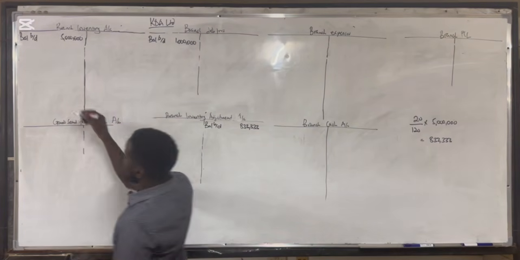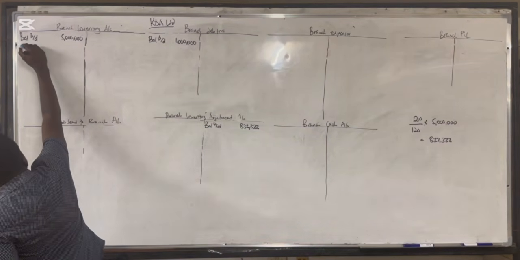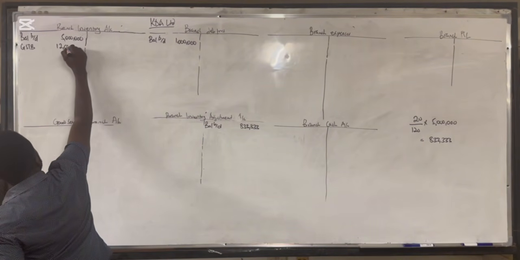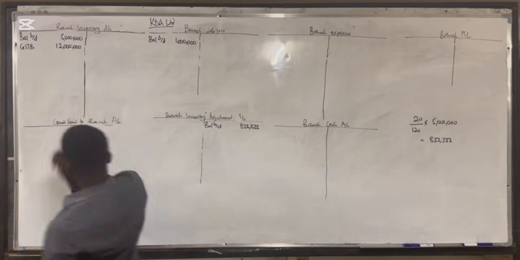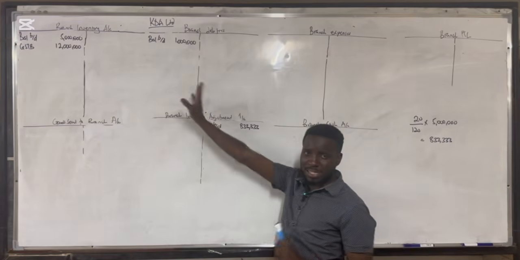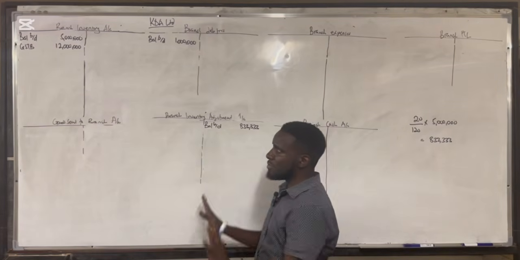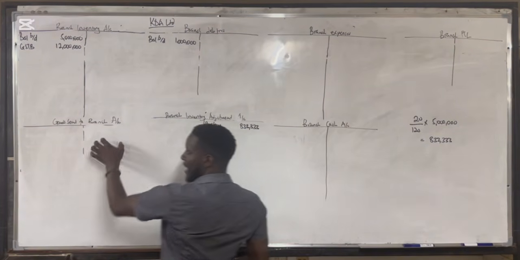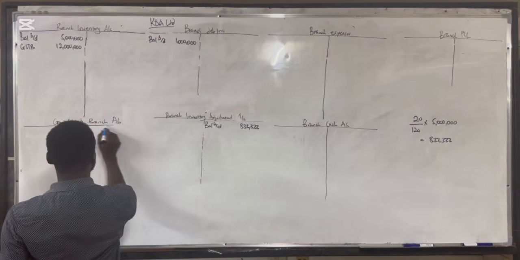So it means they have told us that goods were sent, so we say goods sent to branch, which is 12 millions. Now, we are supposed to record the 12 millions in that account because that account has no problem with recording the selling price. But then we have a problem recording it here because this account only records the cost.